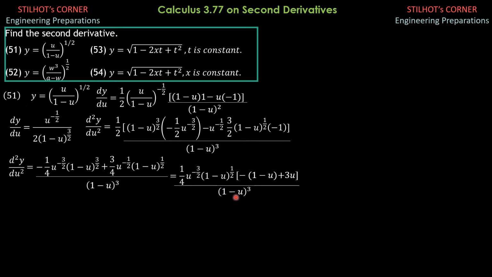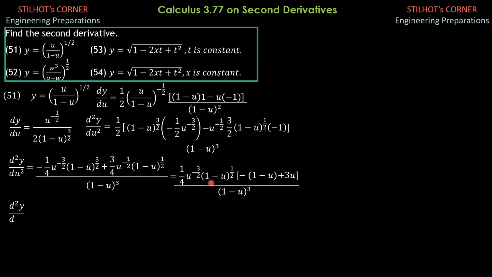We now combine these two. Let's put this in the numerator. So this is equal to negative 1 plus u plus 3u, 4u minus 1. This is 4u minus 1. Or if we distribute 1/4, that's 4u times 1/4, u, then negative 1 times 1/4, minus 1/4.